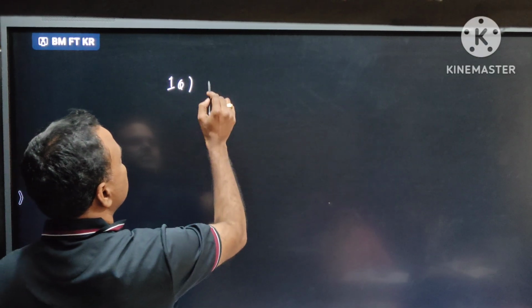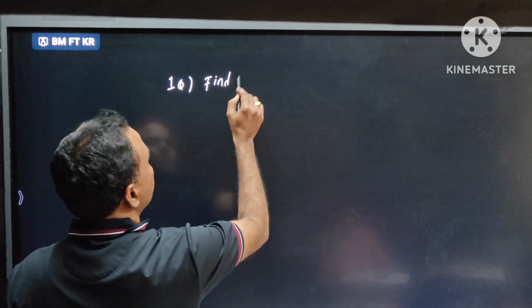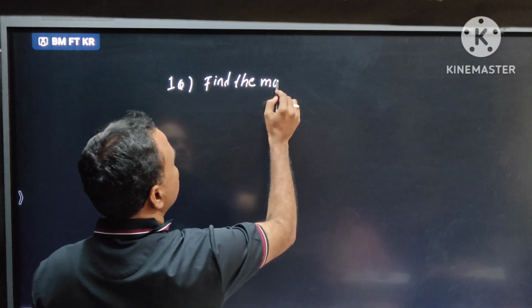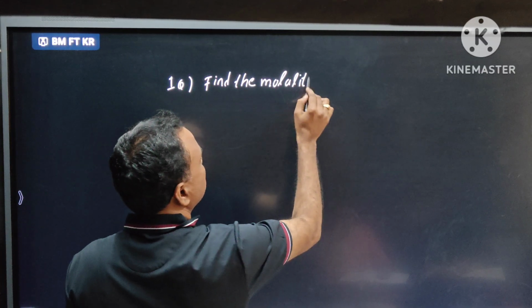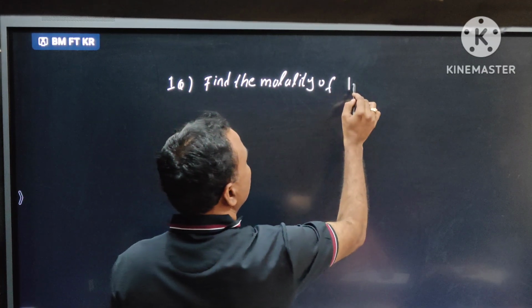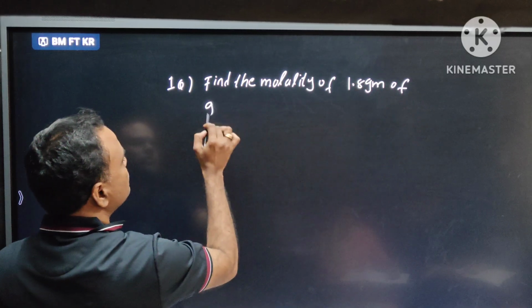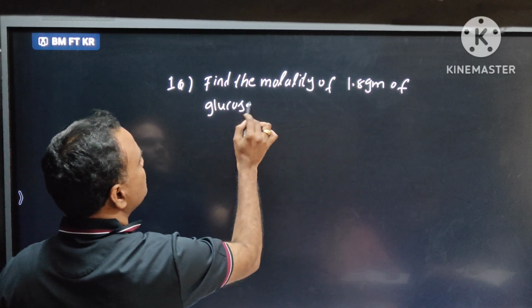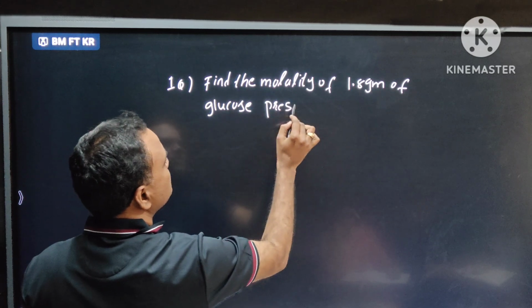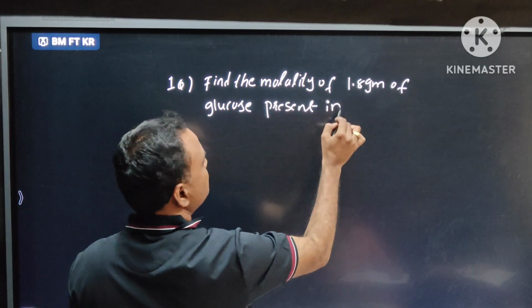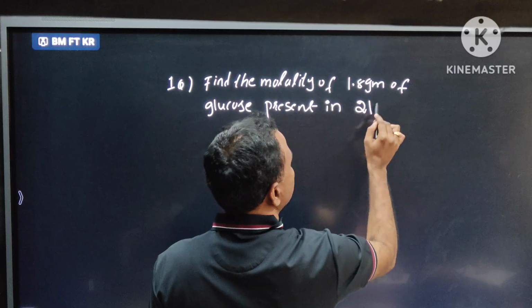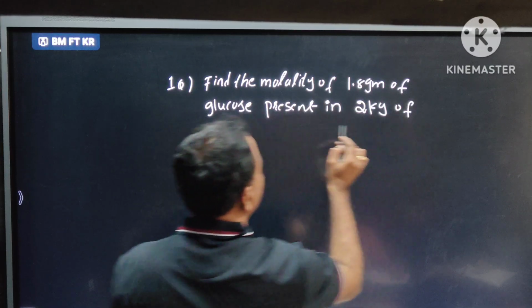Basic level question first. Find the molality of 1.8 grams of glucose present in 2 kgs of water.